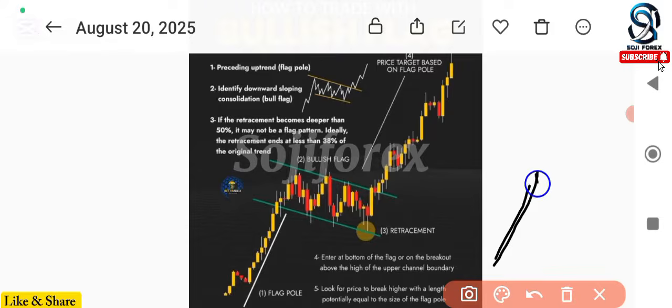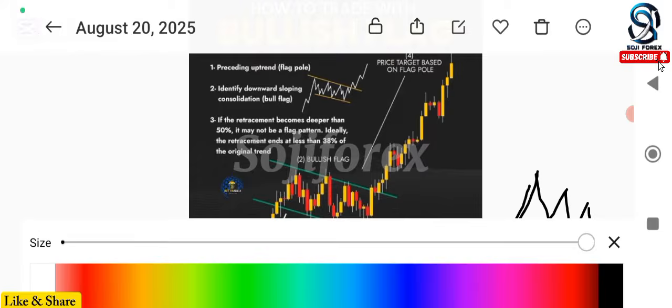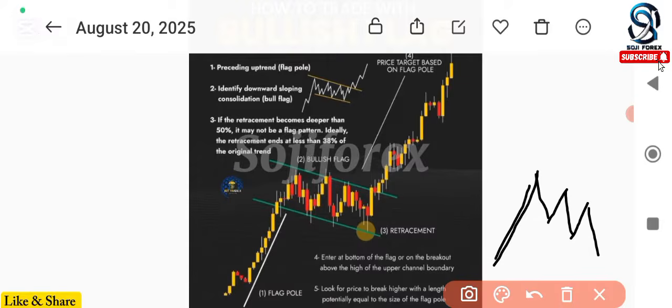Then the next thing is you see price begins to pull down. Price will pull up, price will pull down, price will pull up, price will pull down. So you realize that price will begin to make what? A lower high, a lower low, a lower high, a lower low, a lower high.